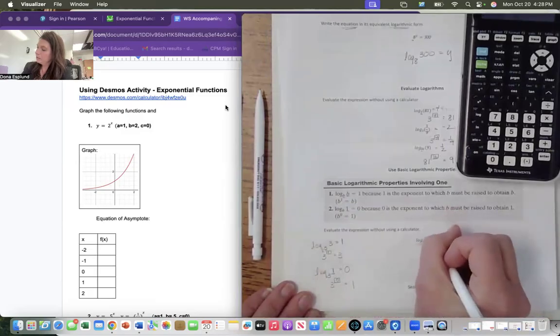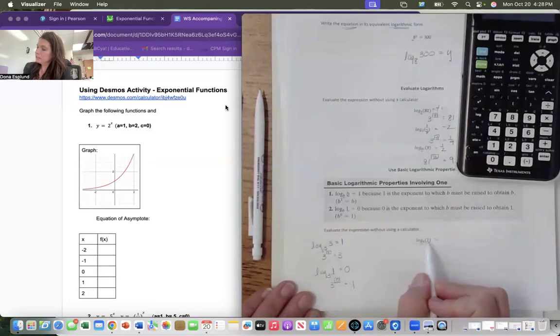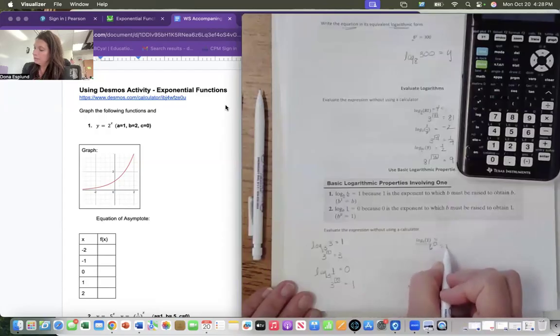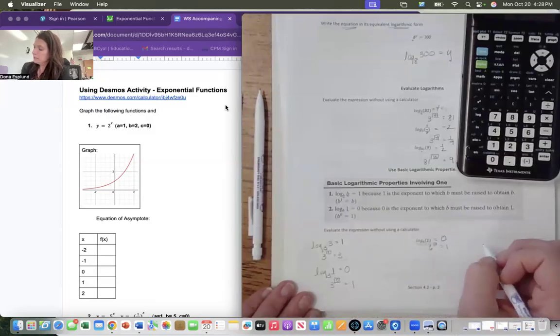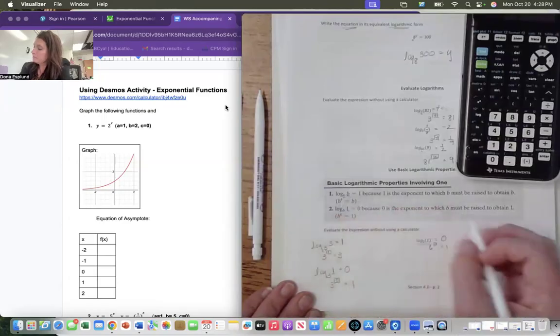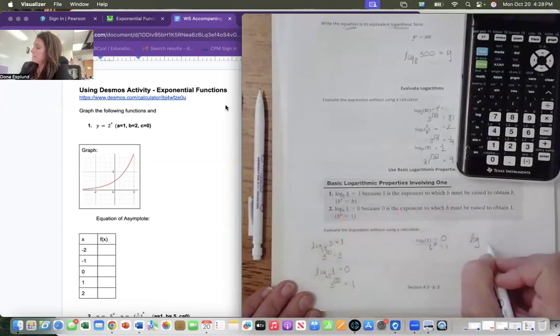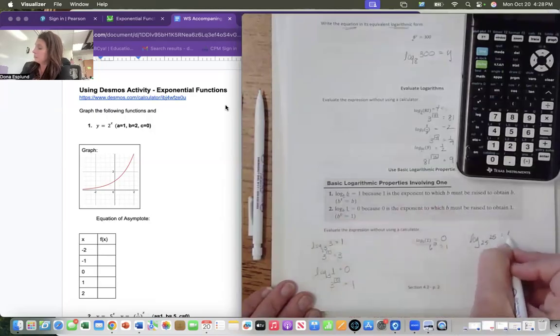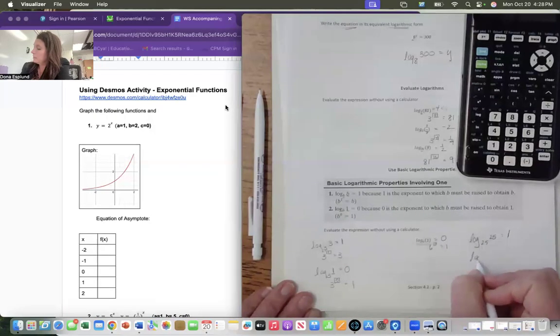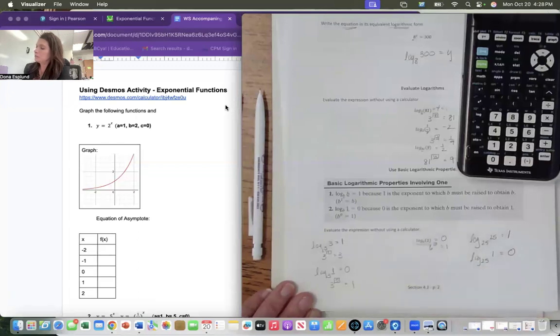Hence the problem we have right here. So log base 6 of 1 means I have 6 to what power is going to equal 1? Well, you know it has to be 0. So this is going to be 0. And so again, anytime the number is the same, log base 25 of 25, it's going to equal 1. But if I have log base 25 of 1, it'll always, always, always be 0.